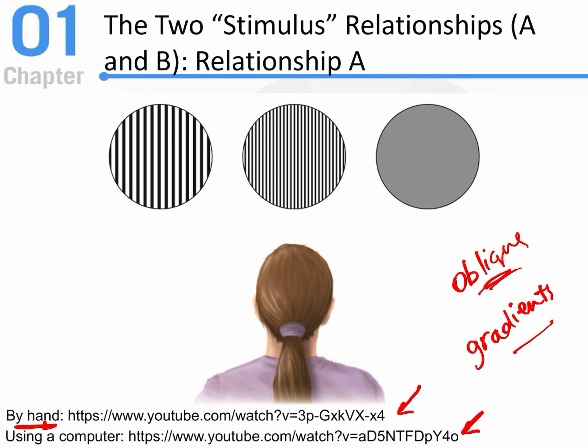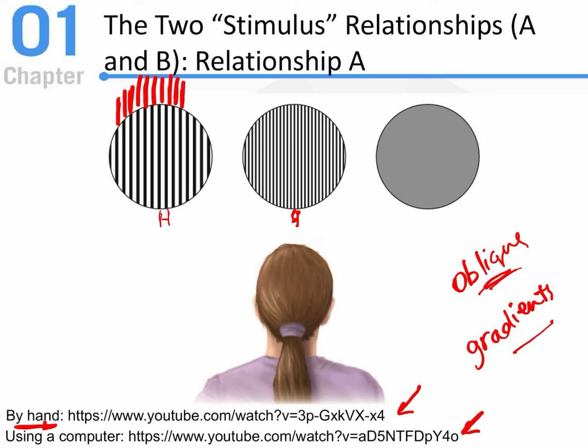When it comes to gradients, what we're looking at is how far apart these bars have to be spaced before you realize that there are bars there. Notice that the distance between these two is further than the distance between these two.